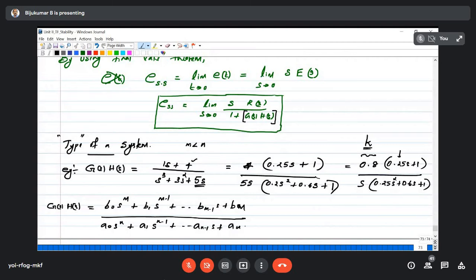Okay, so related to this, if I convert to this form, how can I write?